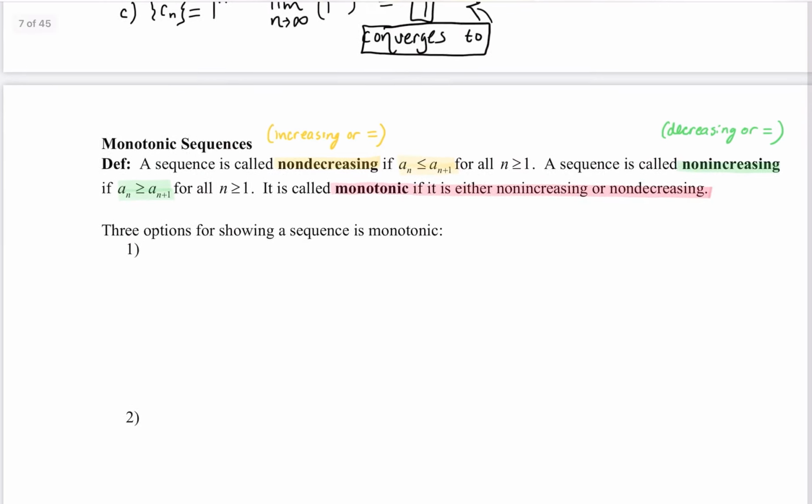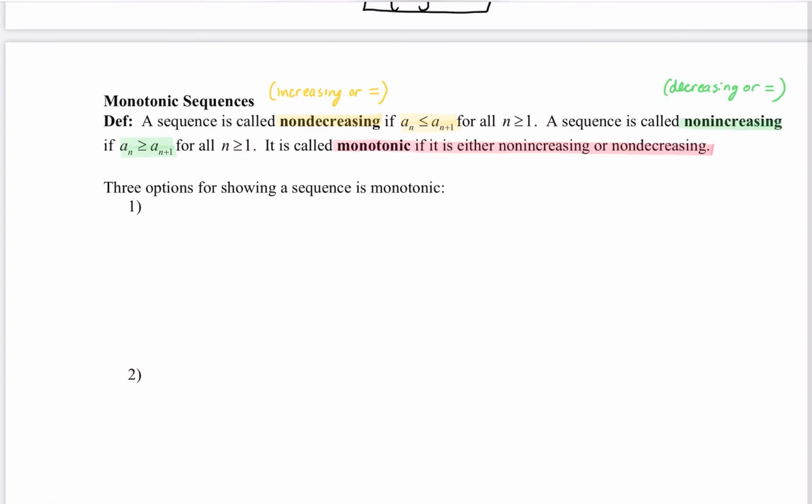And there are several different ways to show that a sequence is monotonic. Let's say we started off here, and we're going to have two categories for everything. We have our non-decreasing category, and then we have our non-increasing category. And everything we do here has to be true for all n greater than or equal to 0.